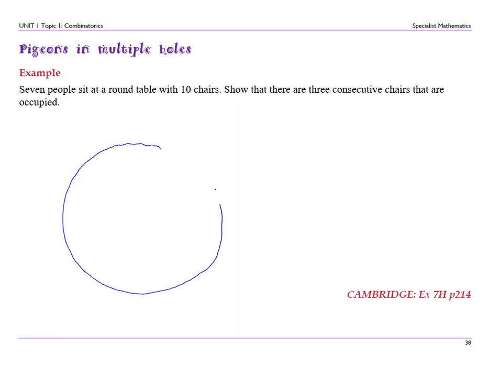So let's draw our table, and we have 10 chairs. 1, 2, 3, 4, 5, 6, 7, 8, 9, 10 chairs. So let's place people. We have 10 chairs, we have 7 people. Let's go alternate. 1, 2, 3, 4, 5.